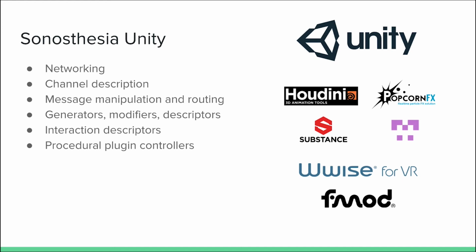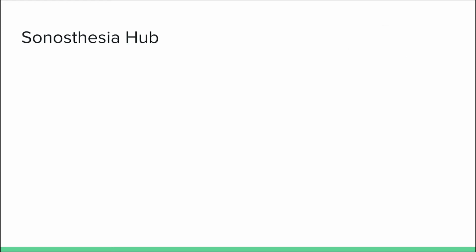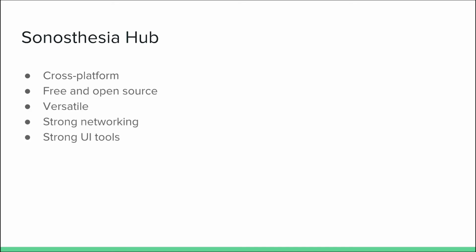And then there's the hub, which is the central brick in the system, if you will, which allows the different components to talk to each other. And that's implemented using Node and Angular by using Electron to package the two together.